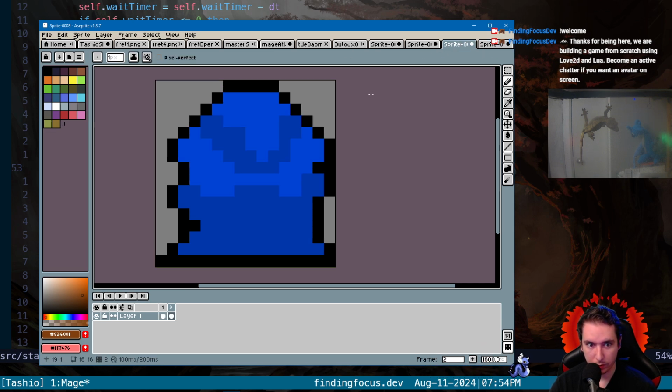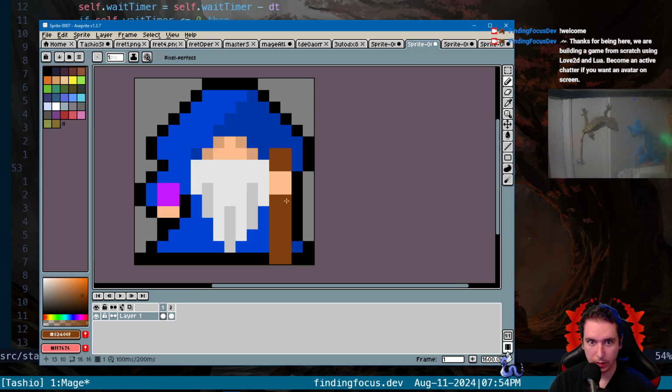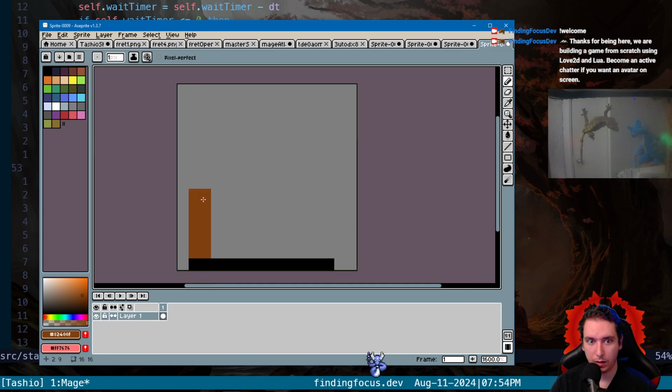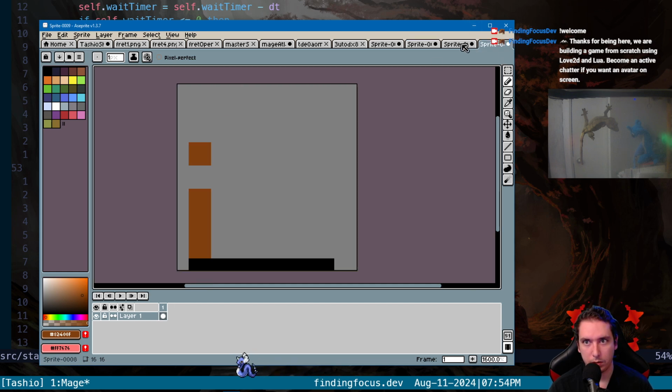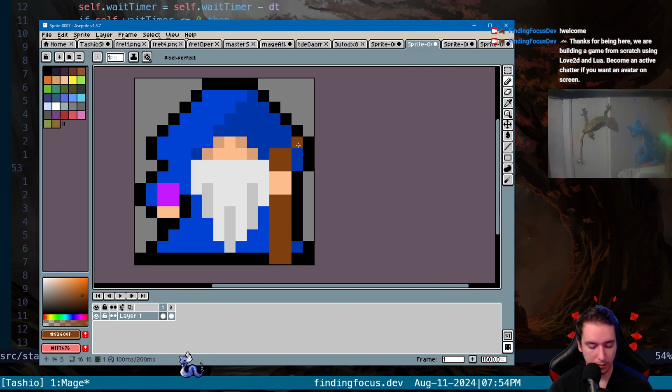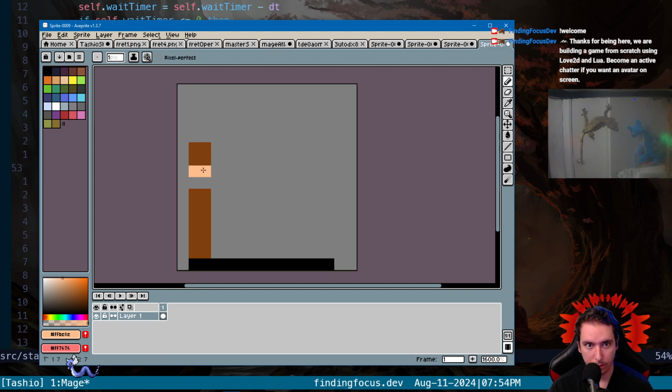He goes 1, 2, 3, 4, 5, 6 high, and then 2 and 2, and then up here is the hand. Okay. So let's snag the hand color.